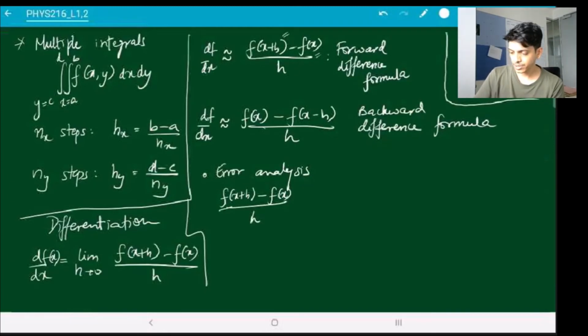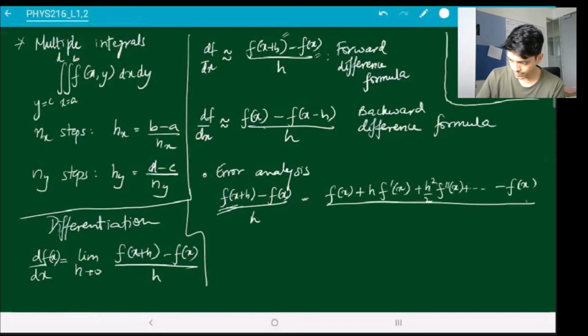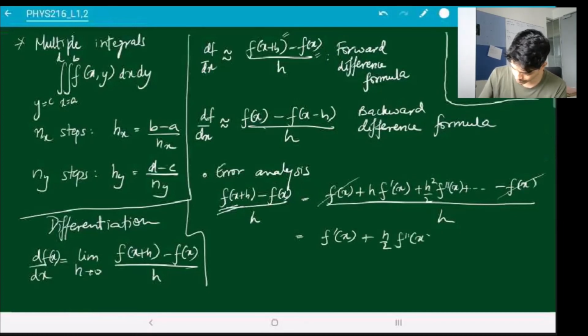I can do a Taylor expansion of f of x plus h. So this becomes f of x plus h times f prime of x plus h squared by 2 times f double prime of x plus so on, minus f of x, divided by h. So f of x cancels out, and one of the h's will also cancel out. So this becomes f prime of x plus h by 2 times f double prime of x plus so on.